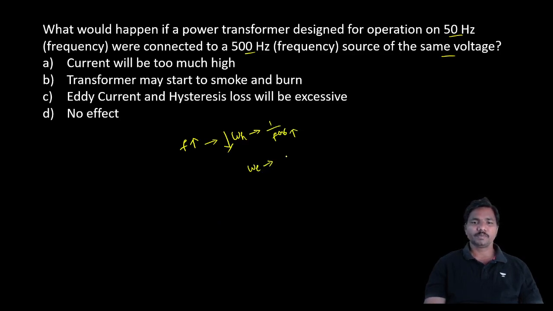Eddy current losses will be constant. For the same voltage, if the frequency varies, this will be constant. So here the current will be too high. The transformer may start to smoke and burn. Losses will be excessive. This is the most probable answer, so that's why I have given this answer.